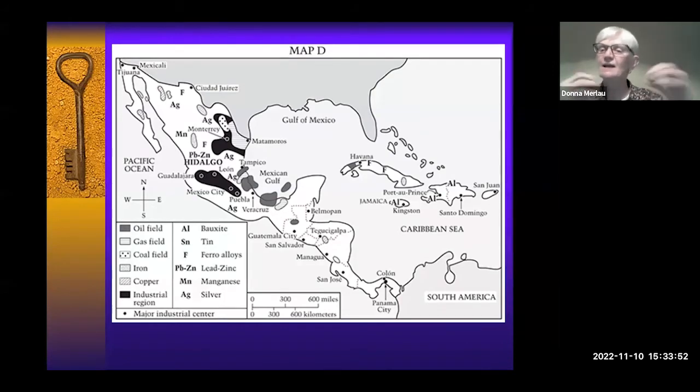Is there any connection there? Okay, what do you think the connection is? Carolyn or Madalena, any thoughts on what you think the connection is?